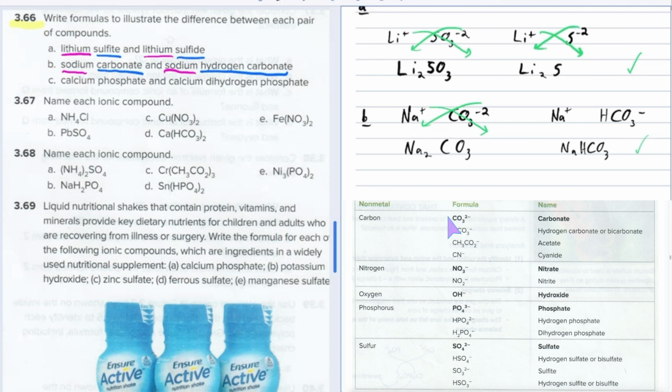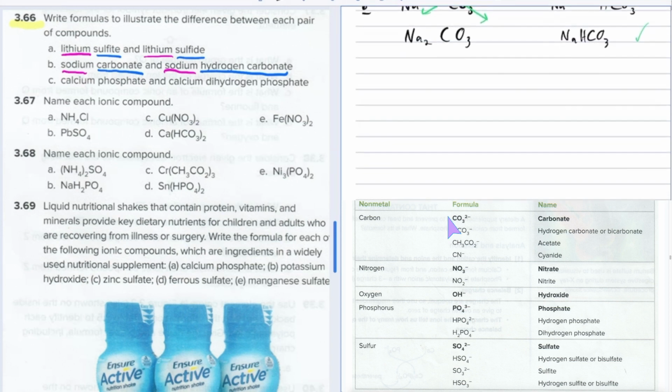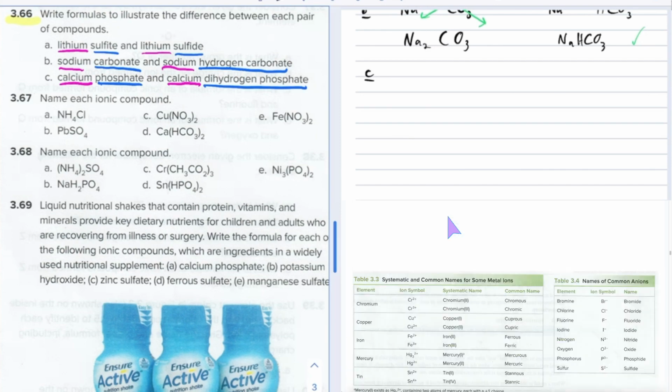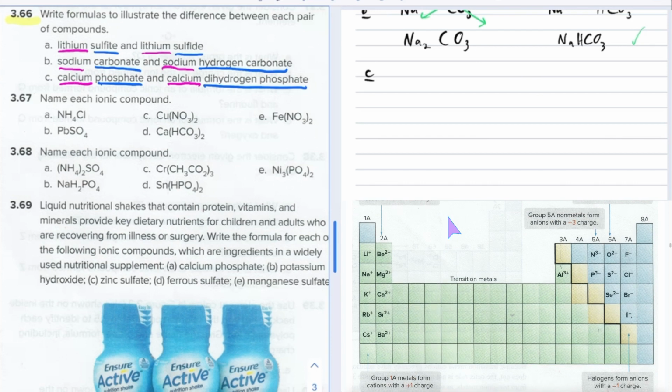And so let's move on to the last one, C. For C, over here on the left, you got calcium, that's the cation, and then phosphate and dihydrogen phosphate are the anions. And again, calcium might be pretty easy. So going back to calcium, it's a predictable ion.